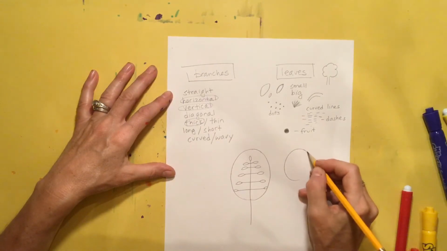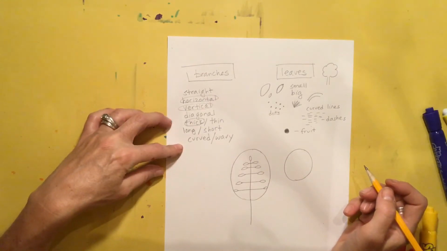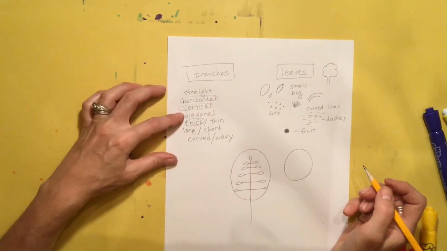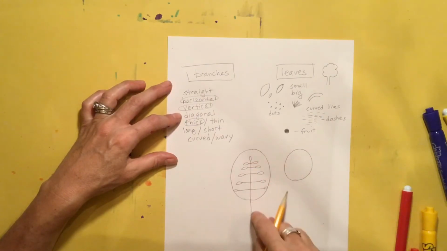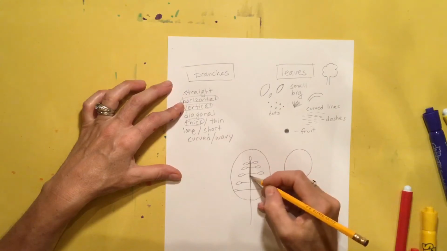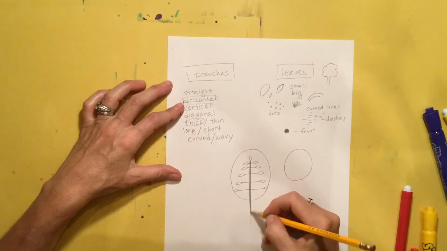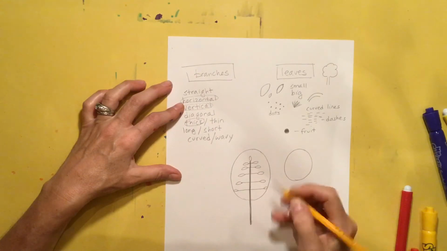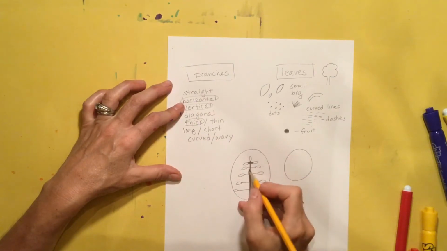I'll give you maybe one more. So then maybe I have this smaller tree here. And this time I want to use diagonal and thin. Oh wait, I forgot that we said this was going to be thick. So if this is going to be thick, then I would thicken these lines up.